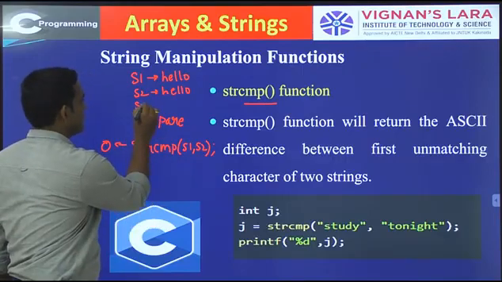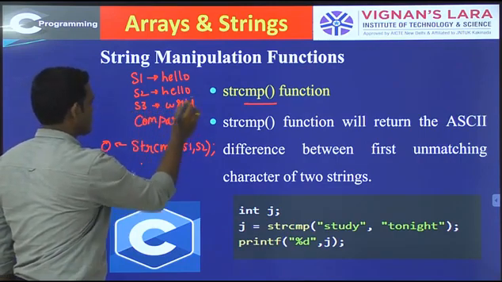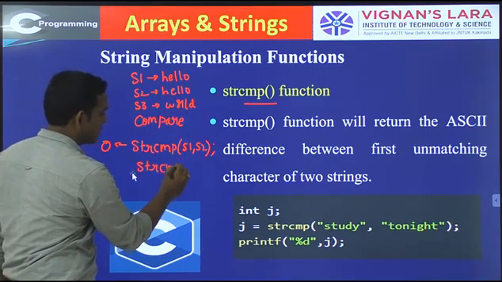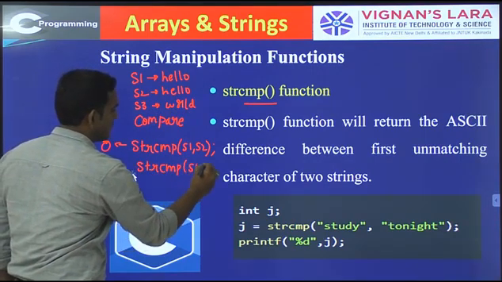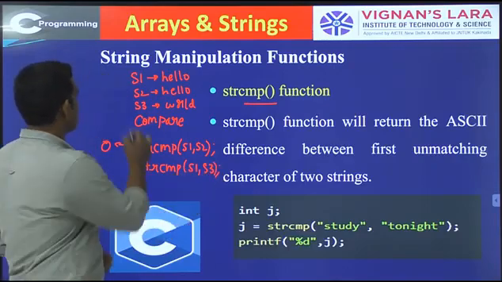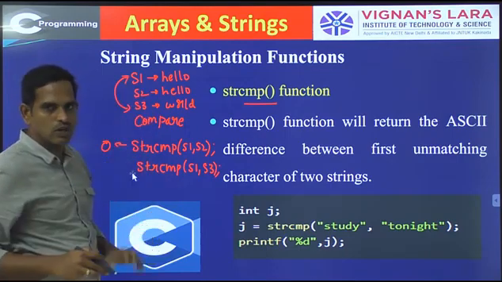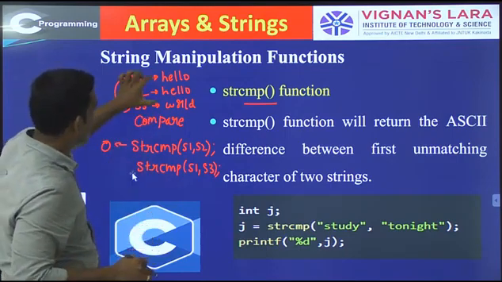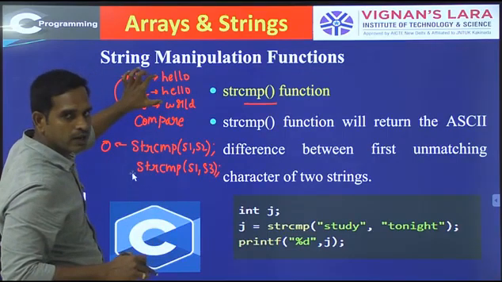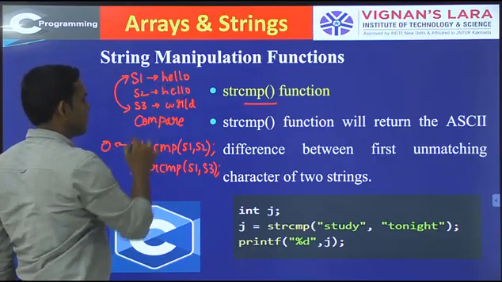And if I take another string S3 as world, now if I perform string compare S1, S3, what are S1 and S3? S1 is hello and S3 is world. It will compare character by character, and it can find out that H and W are not the same.